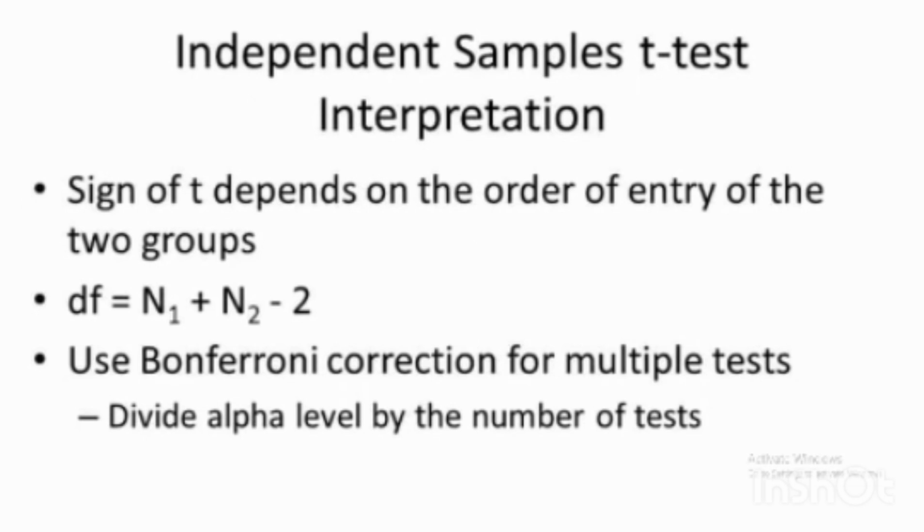For interpretation, the sign of t depends on the order of entry of the two groups. To calculate the degrees of freedom of the independent sample t-test, df is equal to n1 plus n2 minus 2.